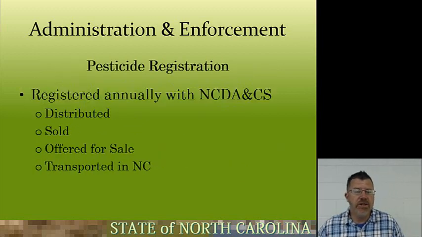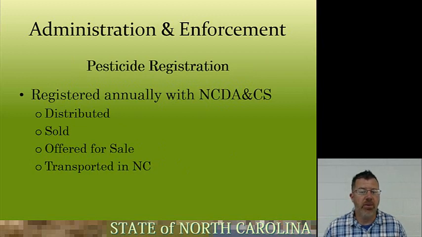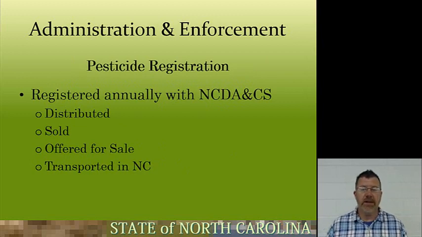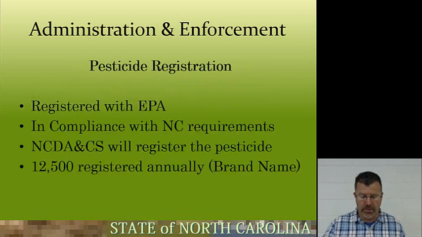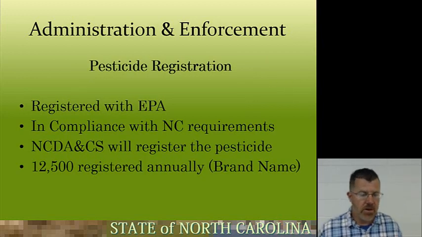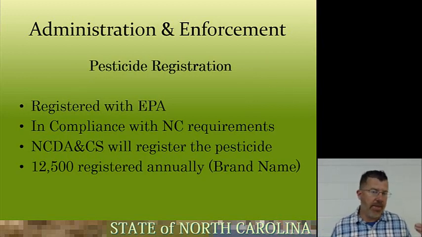Pesticides are registered annually with North Carolina Department of Ag and Consumer Services. Anything that is distributed, sold, offered for sale, or transported in North Carolina must be registered annually with the Department of Ag. They also must be registered with the EPA. If they're not registered with the EPA, they're not going to be registered in North Carolina.